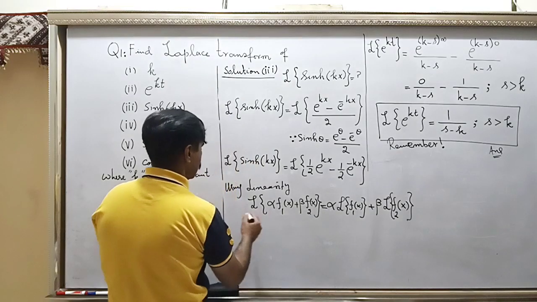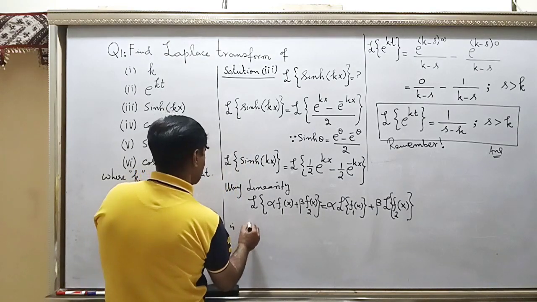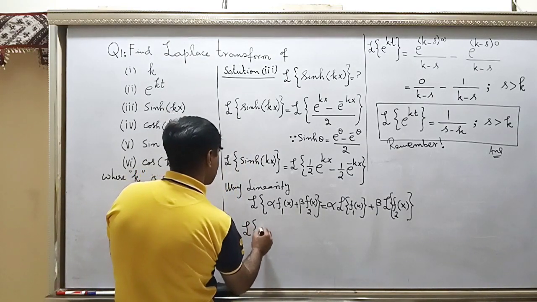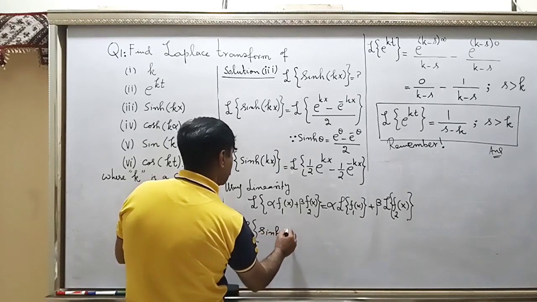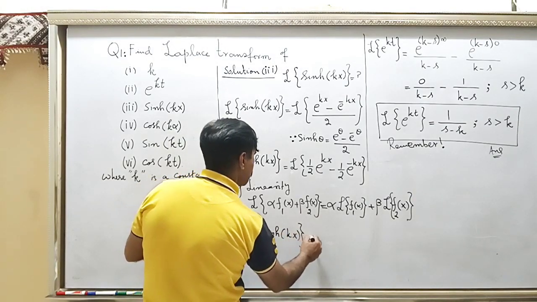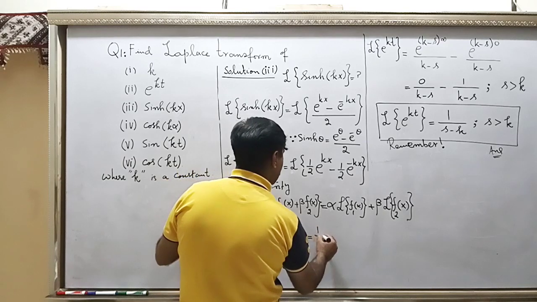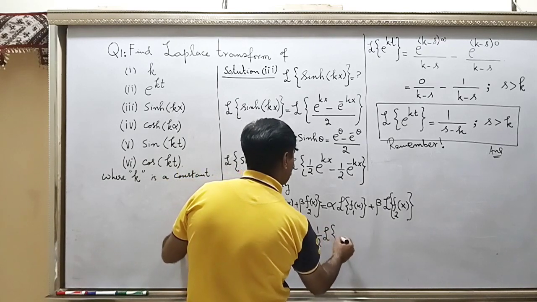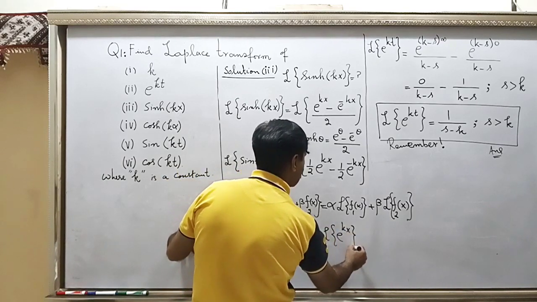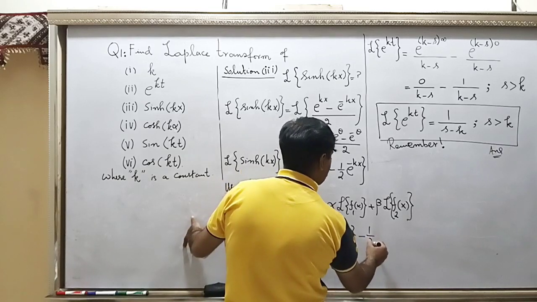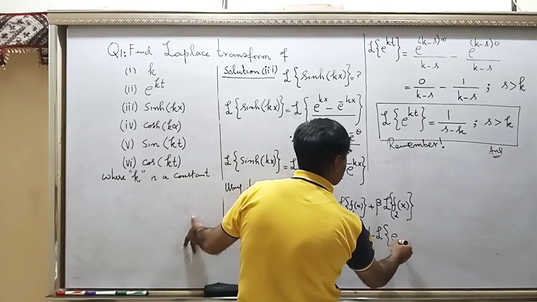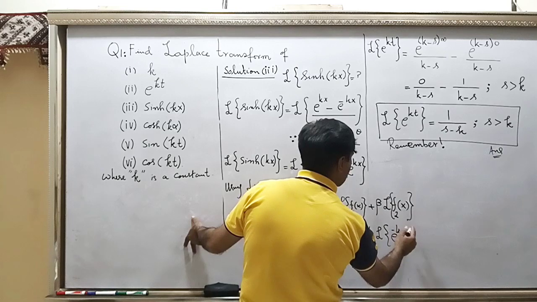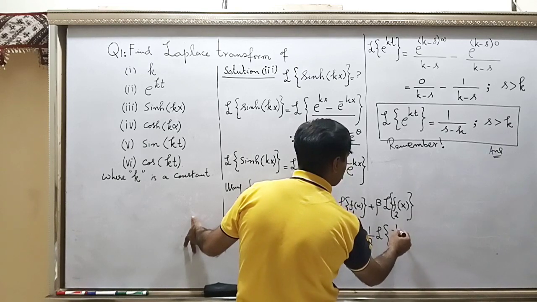So use this. Therefore, the Laplace transform of sine hyperbolic kx is equal to 1 by 2 into the Laplace transform of e to the power kx minus 1 over 2 into the Laplace transform of e to the power minus kx.